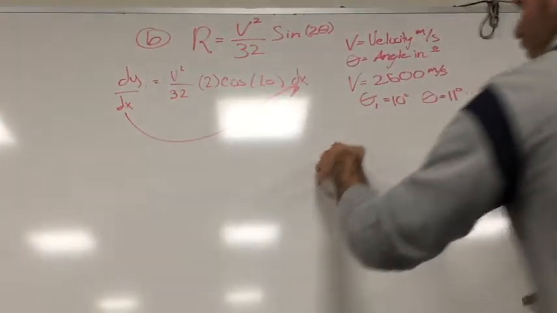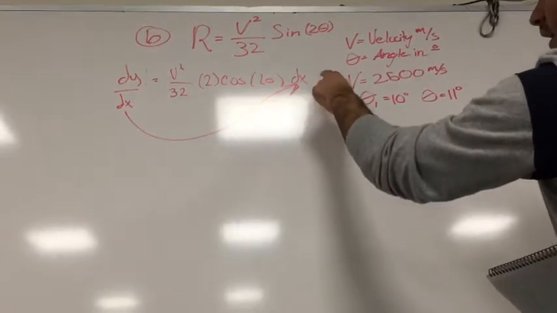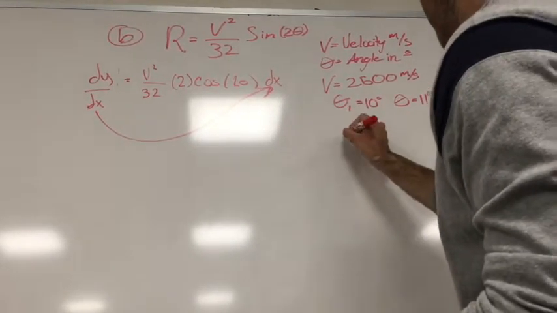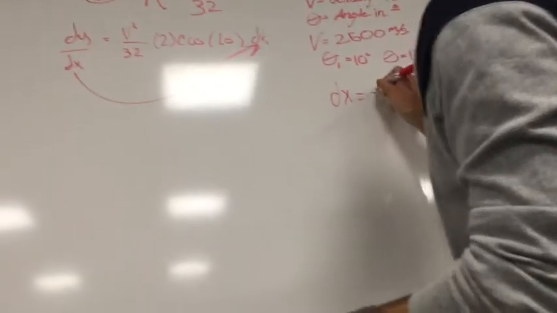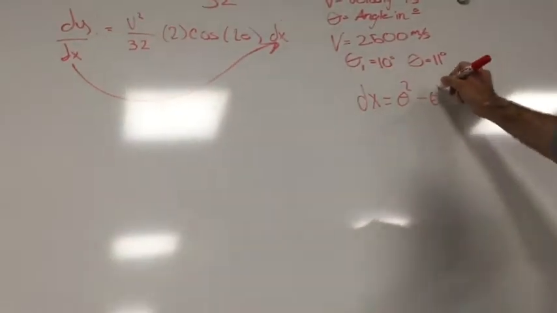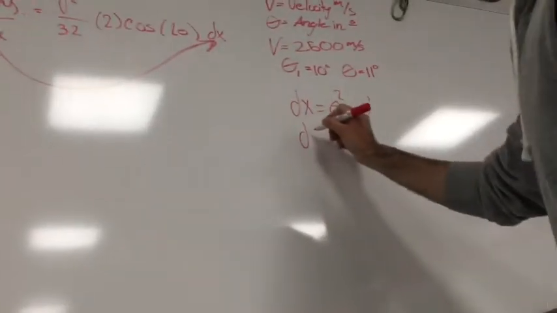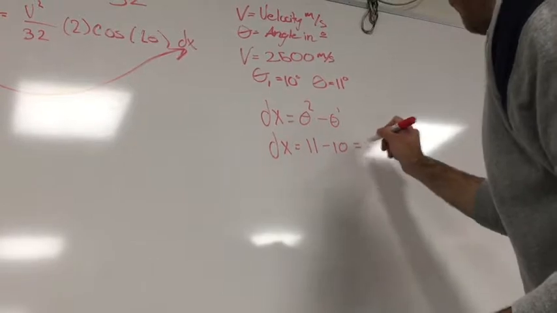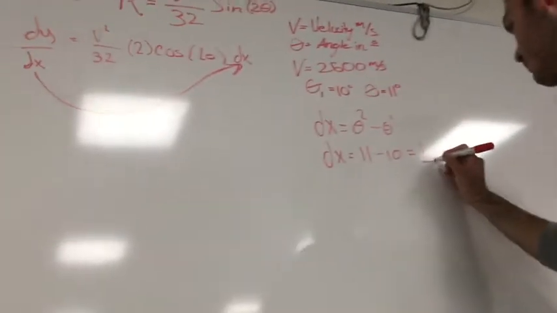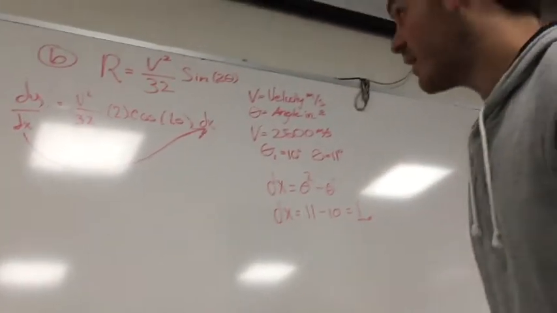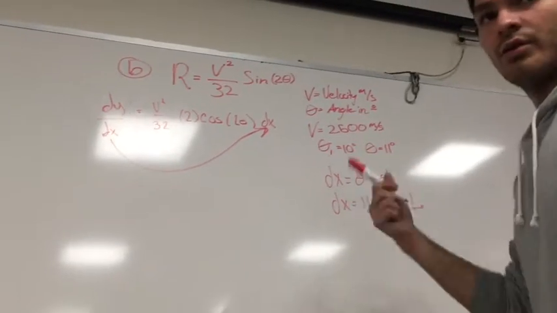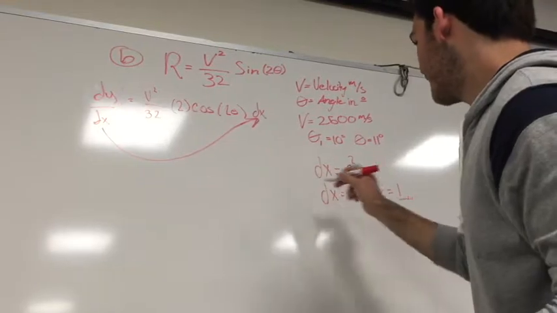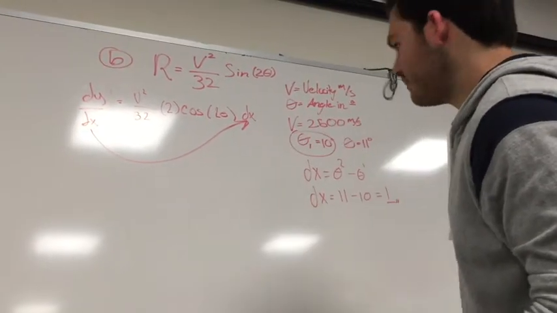Now we want to get the number for dx. We do dx equals theta 2 minus theta 1. That will be dx equals 11 minus 10 equals 1. What we have to do now is plug in all the numbers. The theta inside the cosine is always the first one.